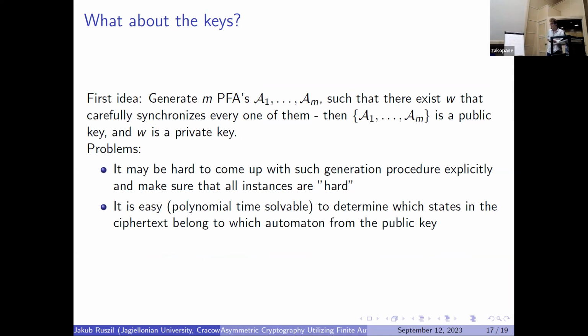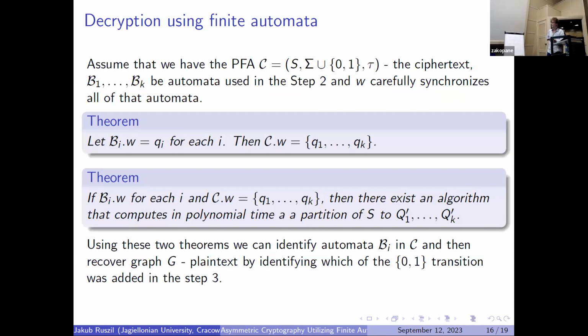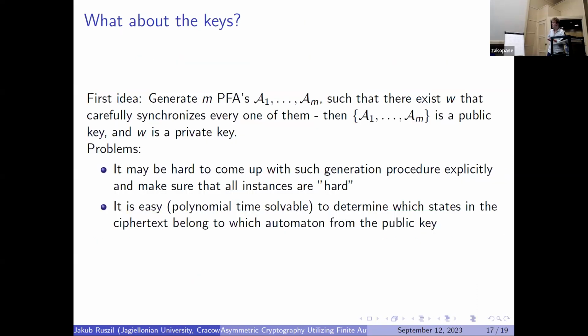First, because if we know the automata from which we built our ciphertext, then we can easily determine which states belong to which automaton from the public key. So that is actually the same as what we are doing using that carefully synchronizing word.